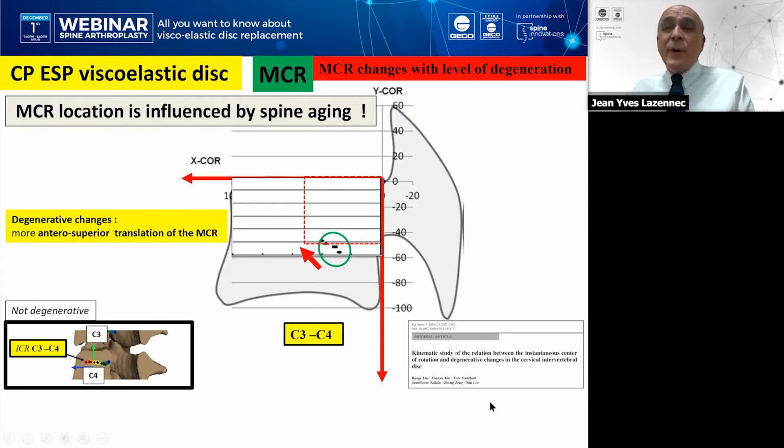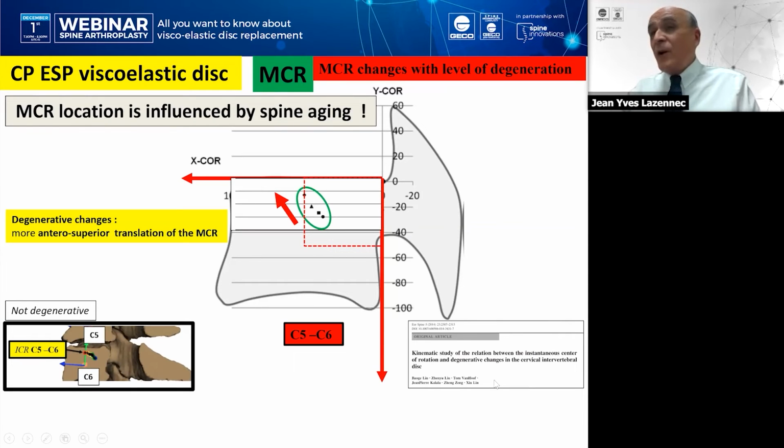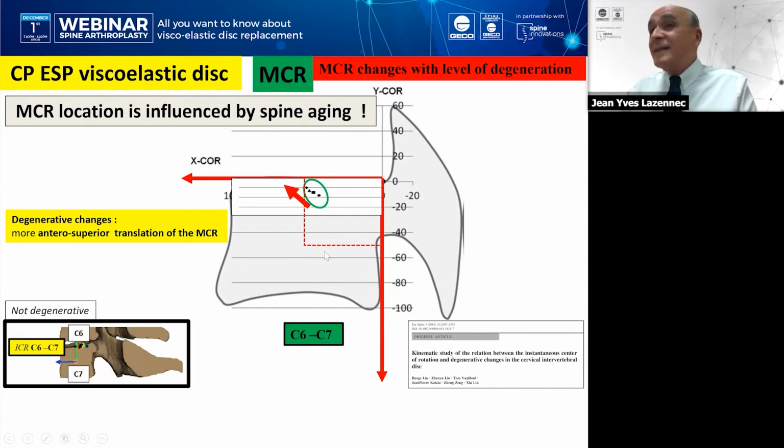Now, if we look at the degeneration of the patients we operate, you see the center of rotation is not the ideal center of rotation we have in young, asymptomatic patients. When we move from C3, C4, of course, we have center of rotation higher, but we have a cloud of center of rotation higher and higher with the age and with degeneration.